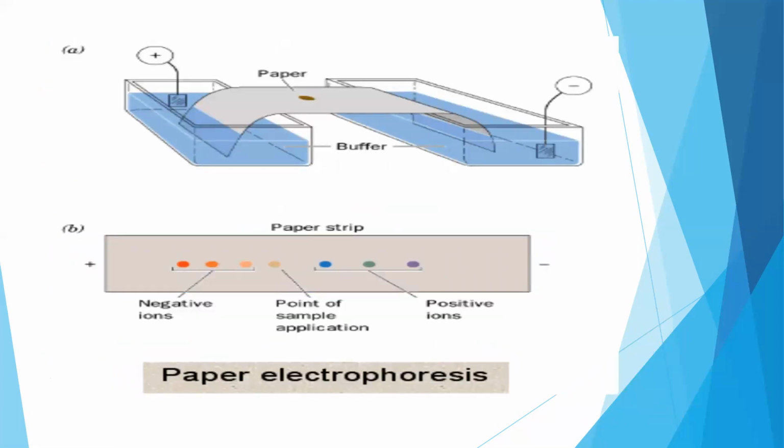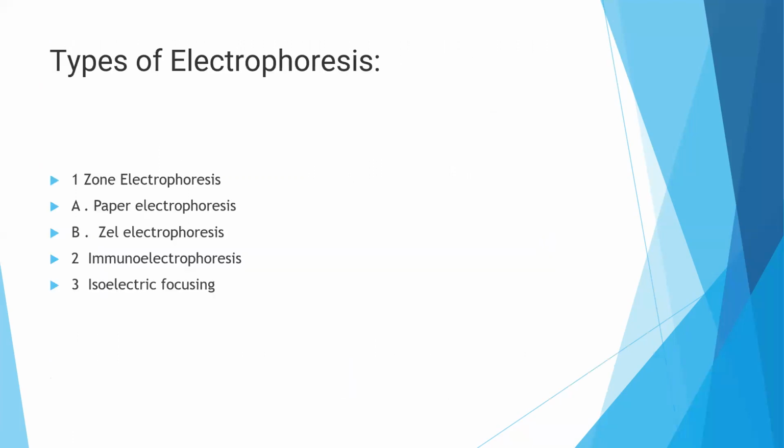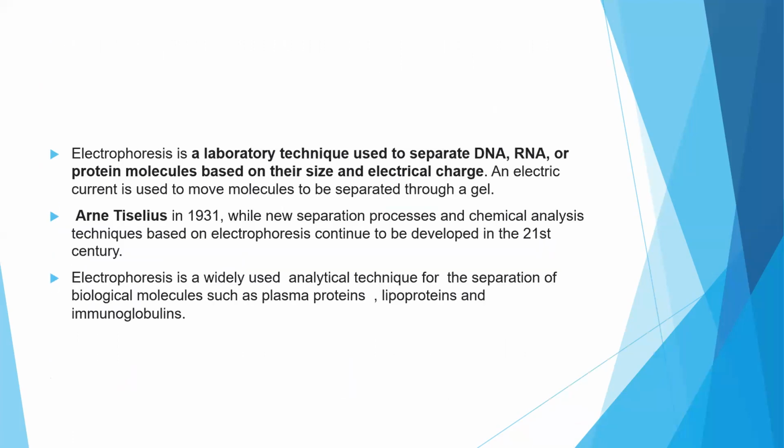Any doubts? Once again, I repeat. First, the definition of electrophoresis. Electrophoresis is a laboratory technique used to separate DNA, RNA, or protein molecules based on their size and electrical charge. An electric current is used to move the molecules to be separated.